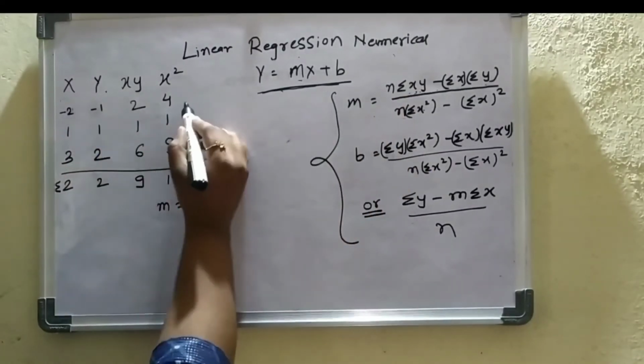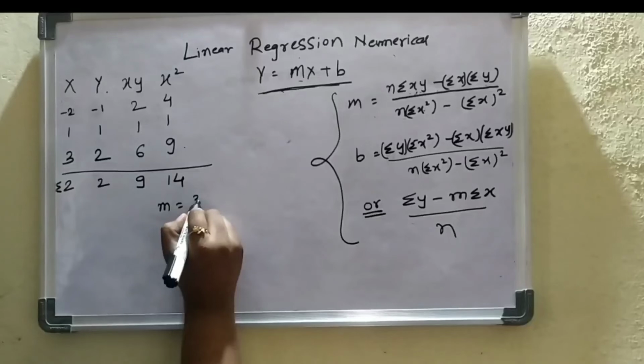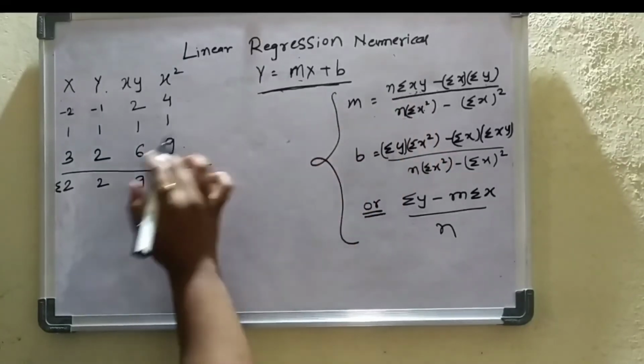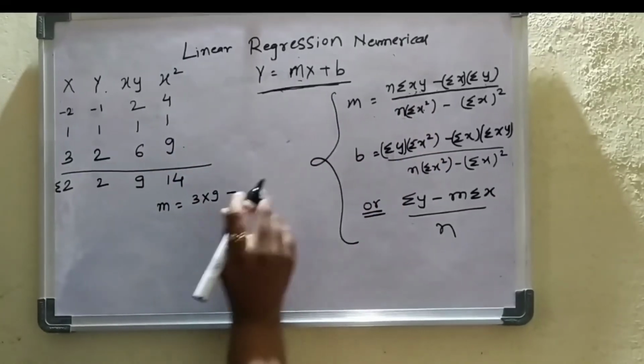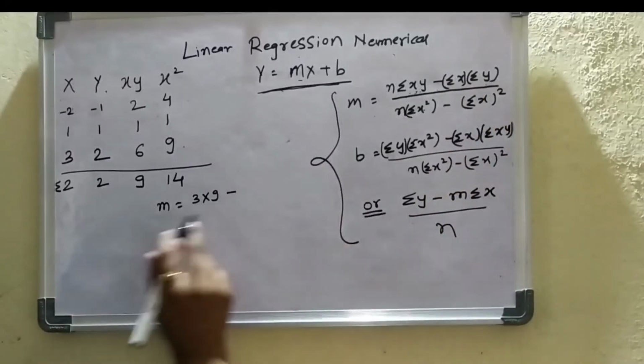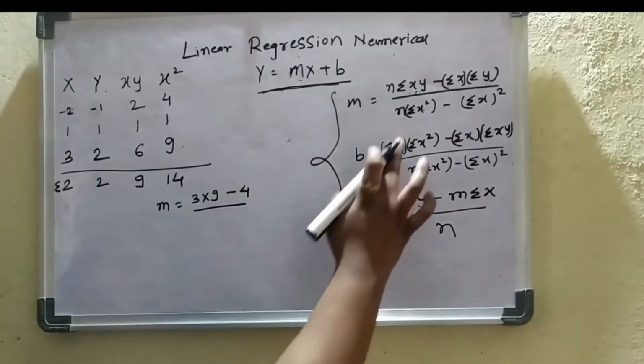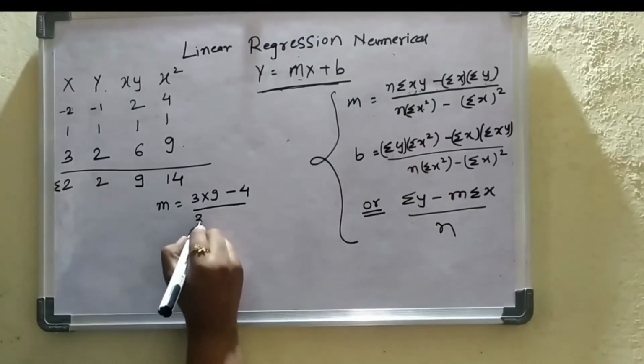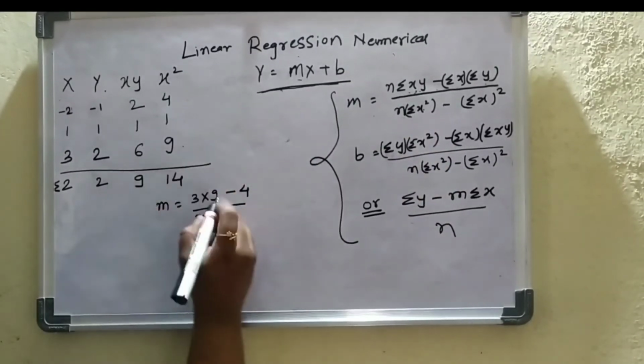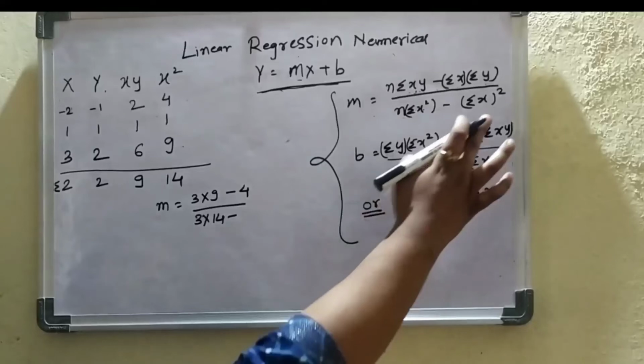We have 3 records. So 3 into 9 minus summation x into summation y, which is 2 into 2, that is 4. Similarly downside, n into summation of x square, which is 3 into 14, minus summation x whole square. Summation x is 2, 2 square is 4.